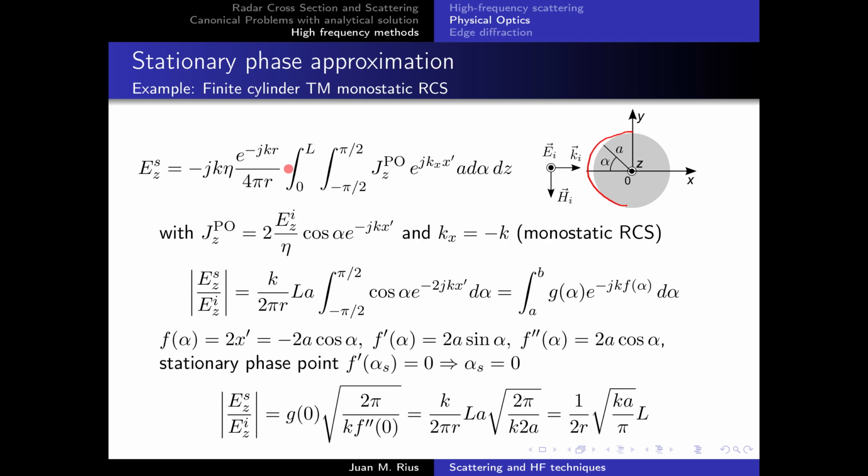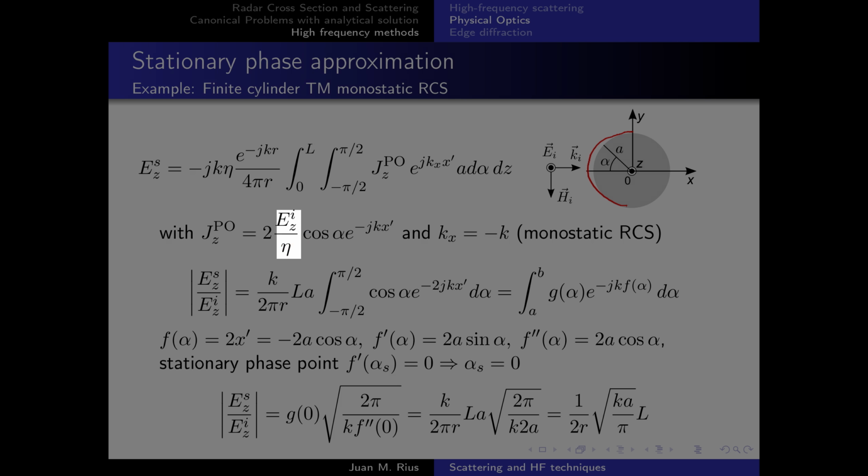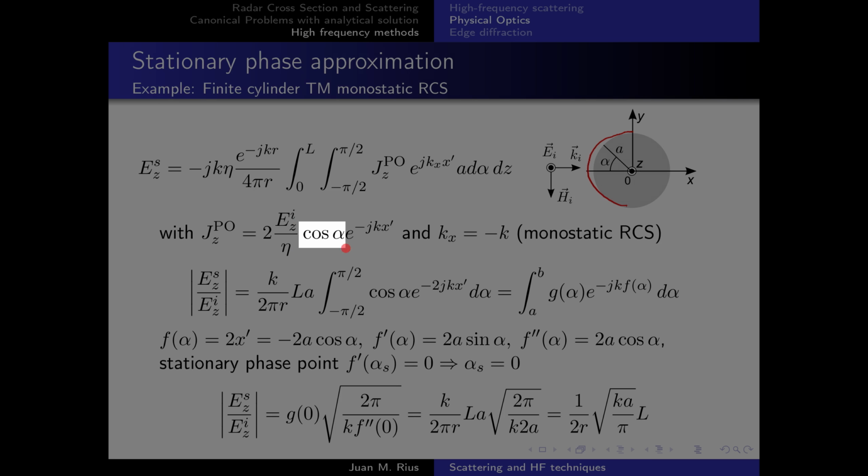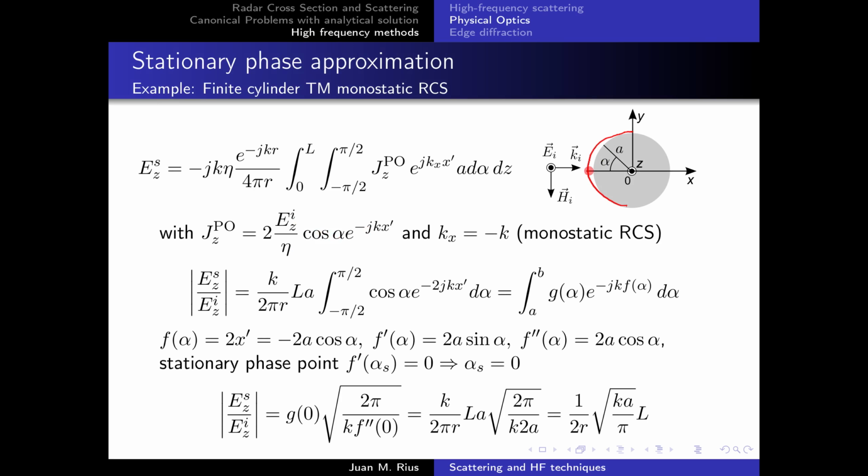All this has been computed here in this very simple TM case, and the physical optics current is twice the tangent component of the magnetic field. The magnetic field magnitude is the electric field magnitude over the wave impedance. Then the projection of the magnetic field on the tangent plane is this cosine of alpha. When alpha is 0, the magnetic field is already tangent to the surface, so the cosine is equal to 1.